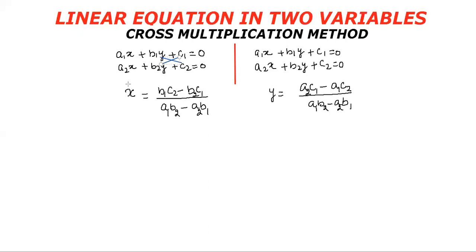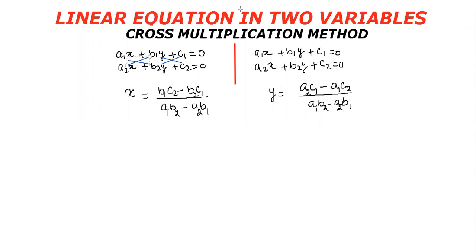Similarly, if you observe the denominator, a1 b2, a1 b2. So a1 and b2, and then you proceed toward a2 b1. So again a cross. That's why this formula is known as cross multiplication.